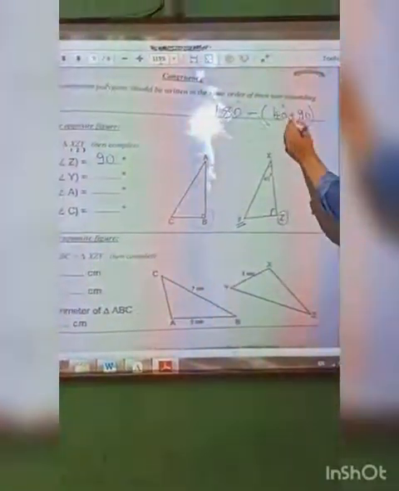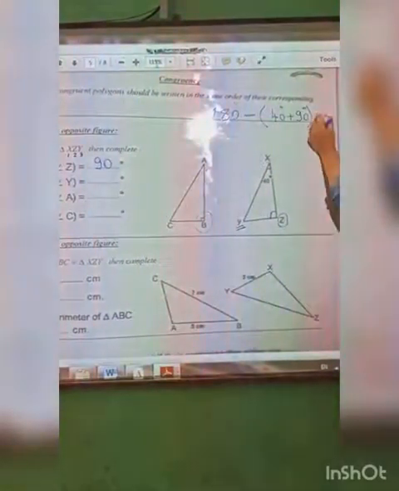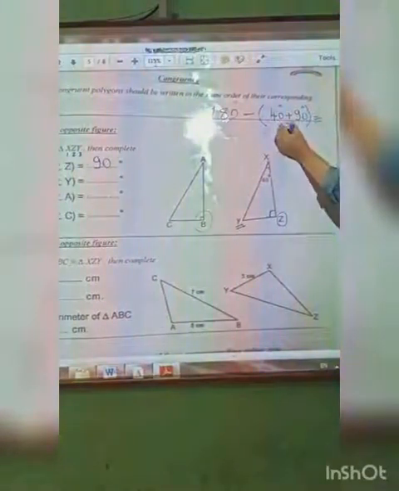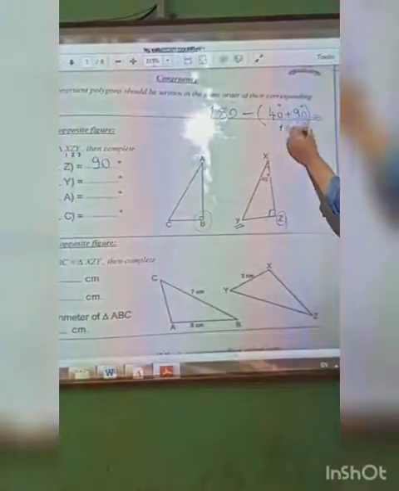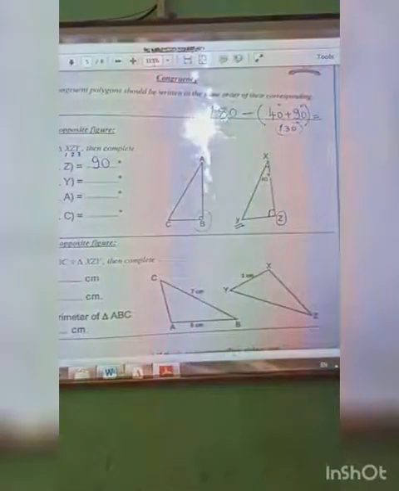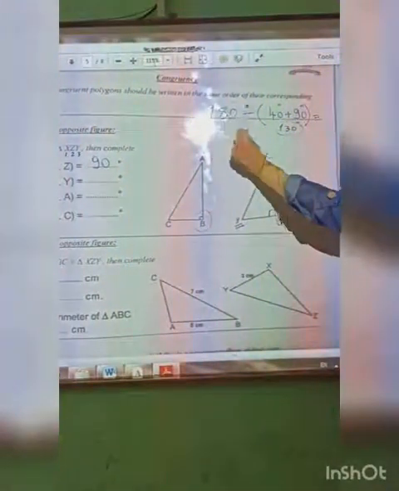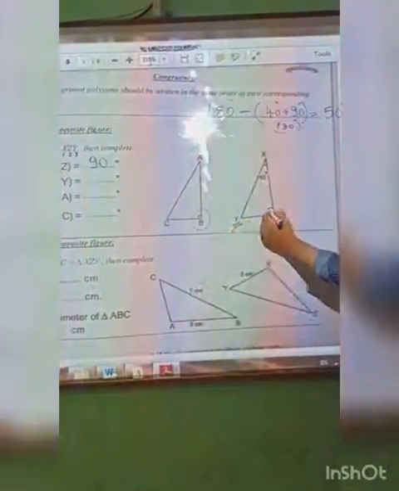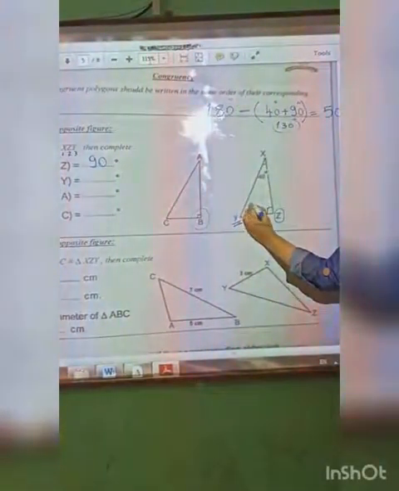The sum of the two other angles, 180 minus 40 plus 90. 180 degrees minus 40 degrees plus 90 degrees. First 40 plus 90 equals 130 degrees. So now we want 180 minus 130. It will be 50 degrees. So the angle Y equals 50 degrees.